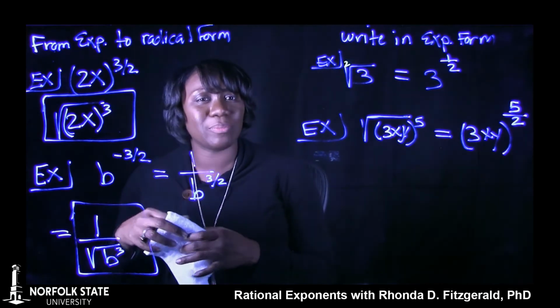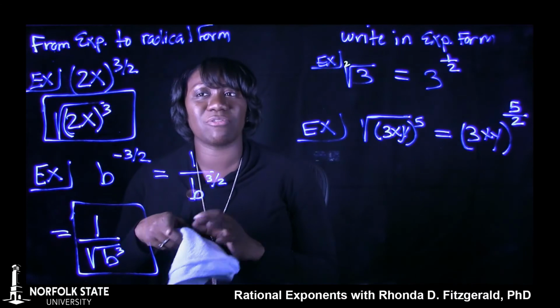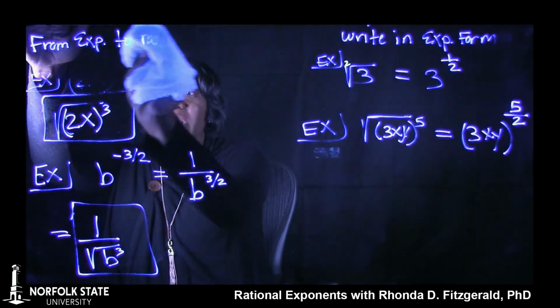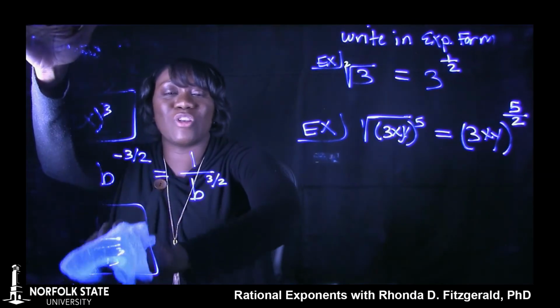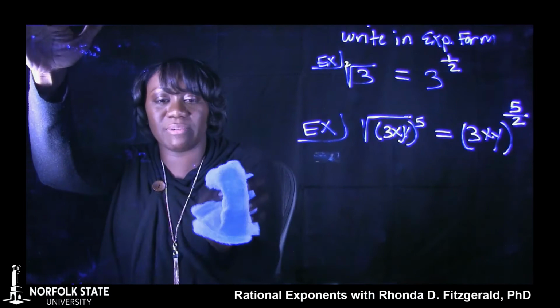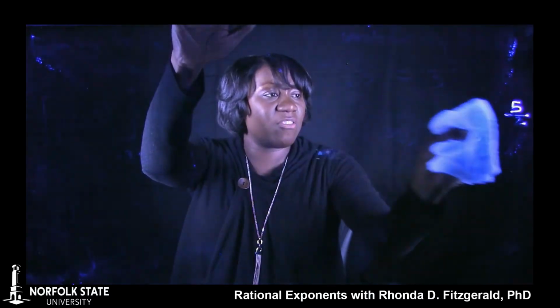Remember, rational just means a fraction, so that really means my exponent is a fraction. So just quickly remind yourself, if my exponent is a fraction, we know we should have a root. We need to rewrite this problem using some sort of roots.